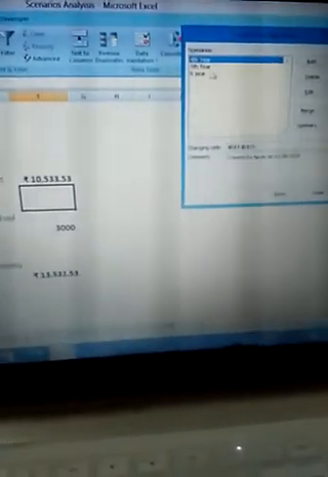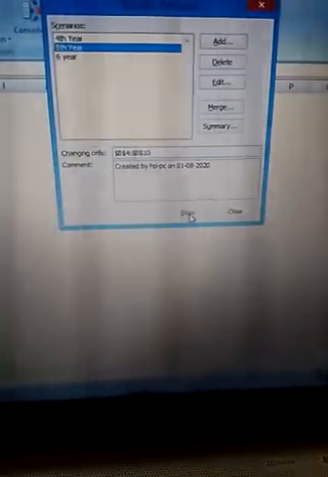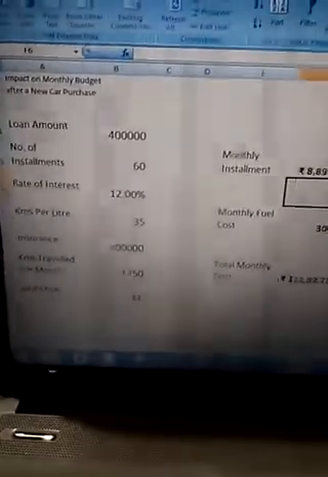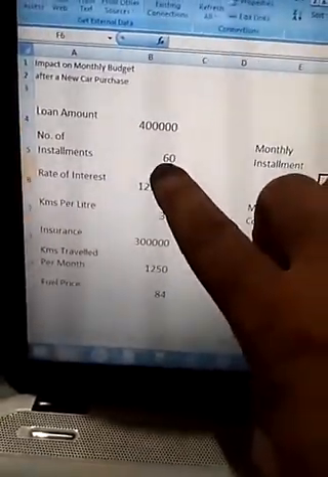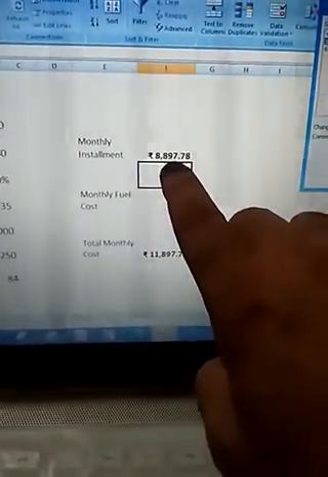But when we click on 5 and then choose Show, you will see the number of installments automatically changed to 60, and the monthly installment is also affected, that is 8,897.